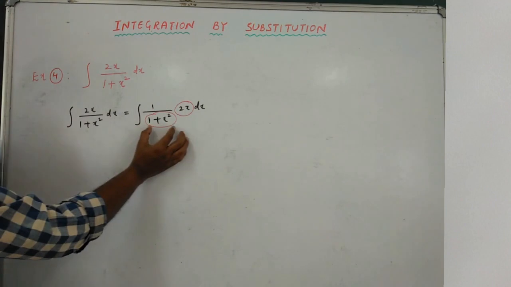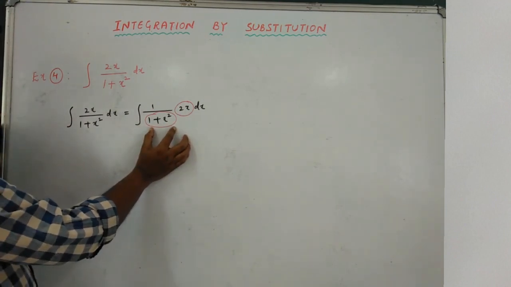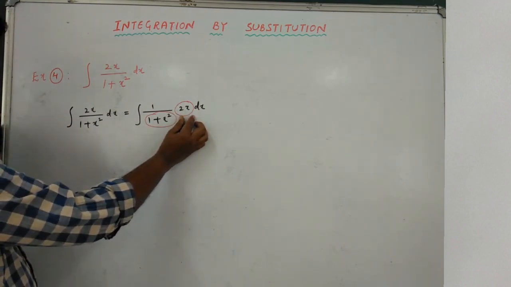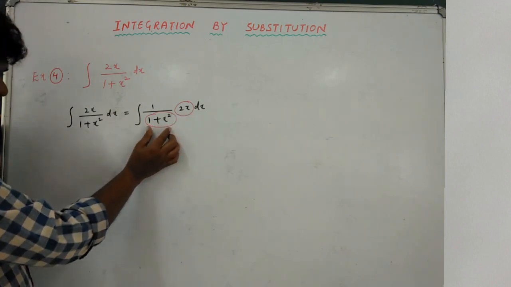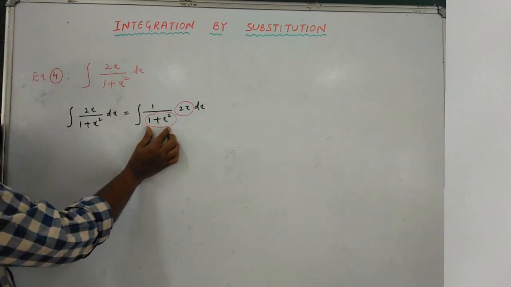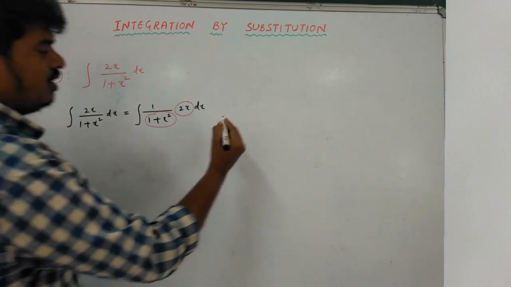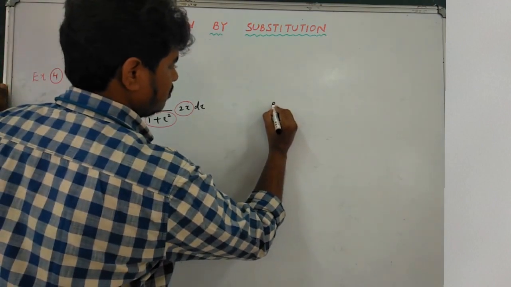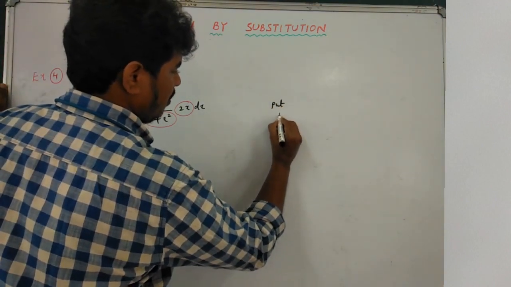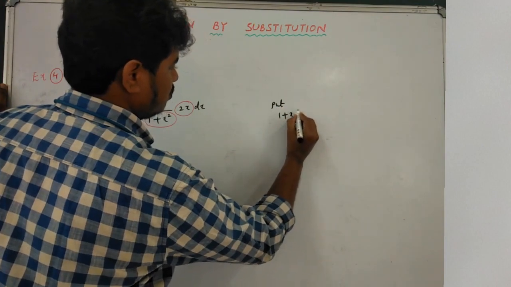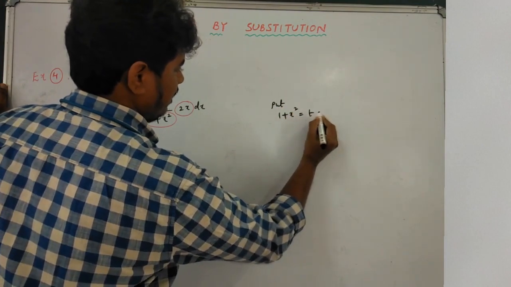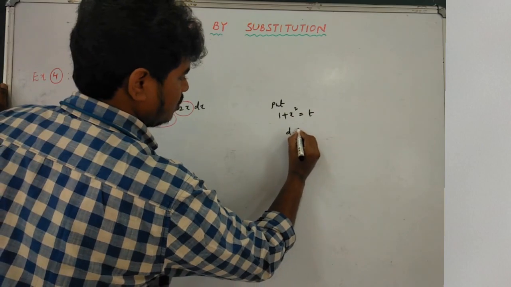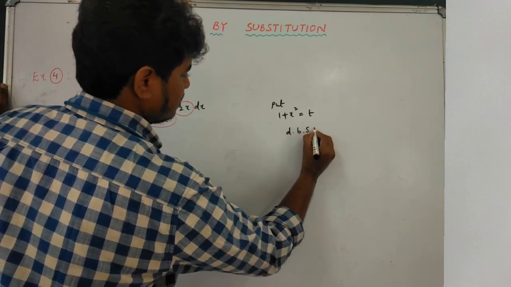So this 1 plus x square is the f of x and this 2x is the f dash of x. This 1 plus x square will be taken as t. So take 1 plus x square equals t. Differentiate both sides with respect to x.